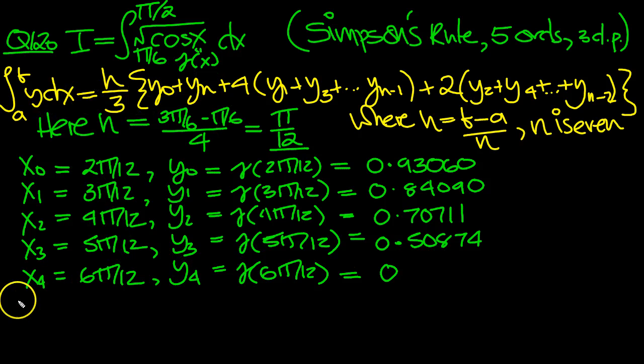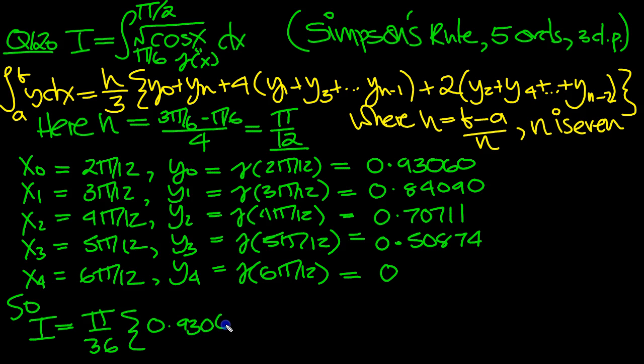So now according to our formula then, the integral is equal to h over 3, isn't it? So it's pi over 12 divided by 3, which is pi over 36, times the first plus the last, because it's y0 plus yn. So that would be 0.93060 plus 4 times. Now 4 times the odds other than the first and the last, isn't it?